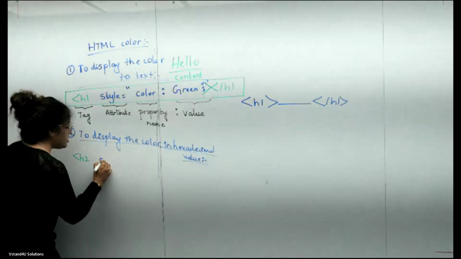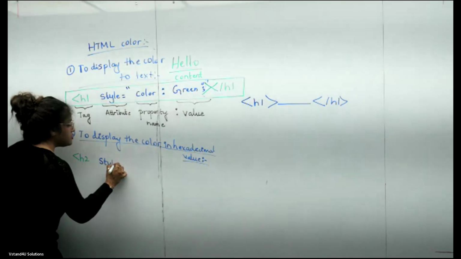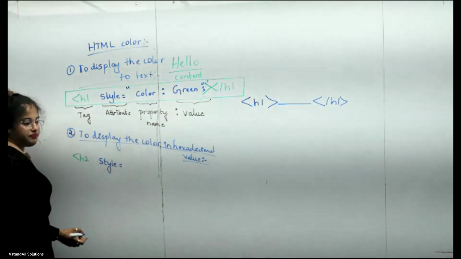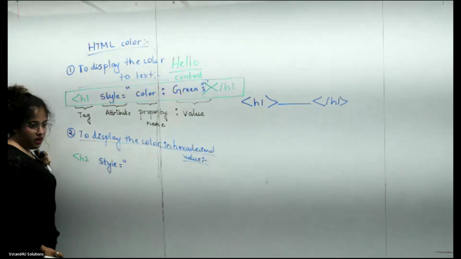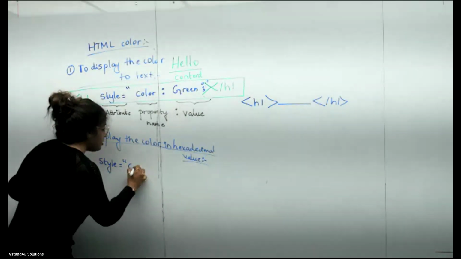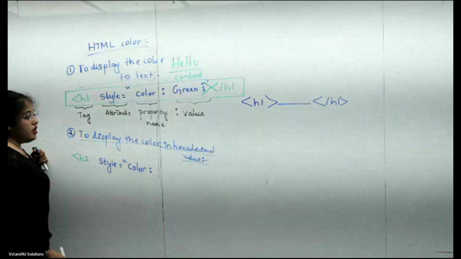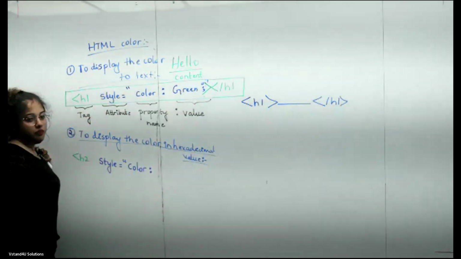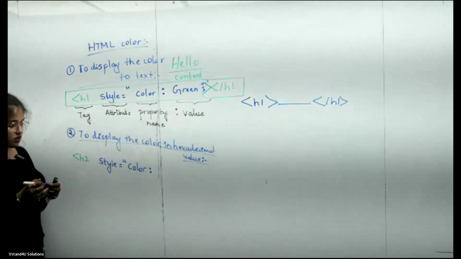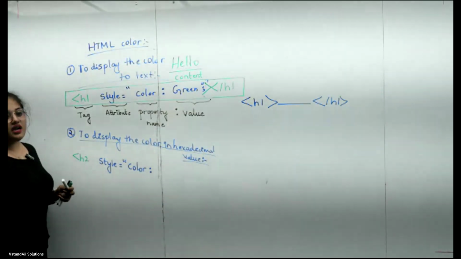I will be using the style attribute. And now I want to change the color. I will write color, and in what type of value do I have to pass? I have to pass the value in hexadecimal value.